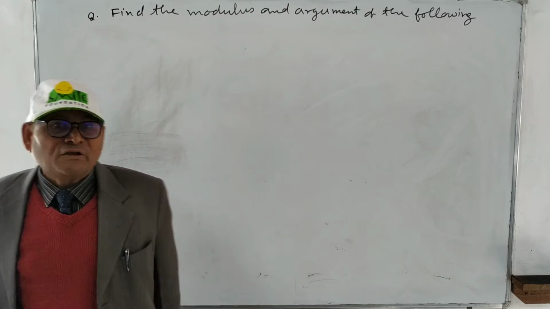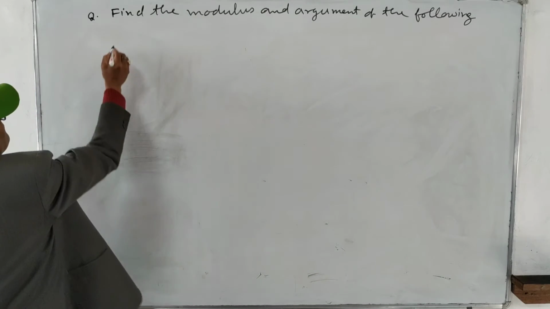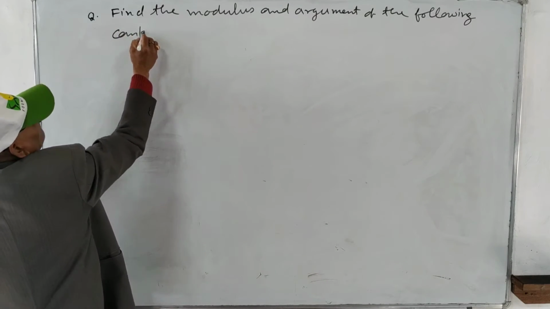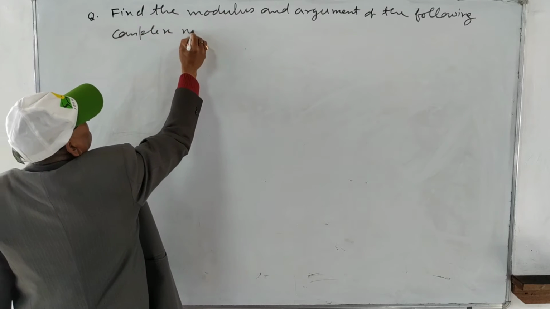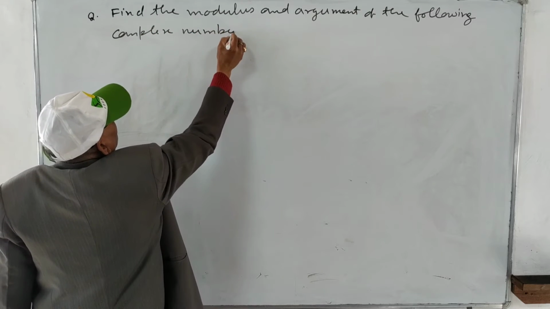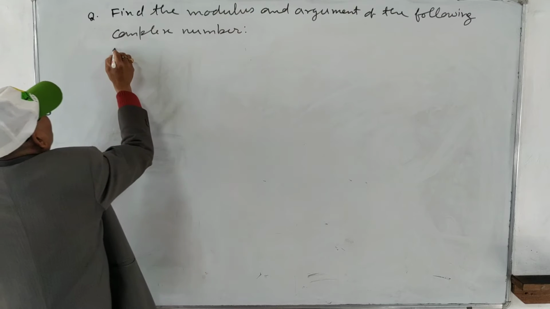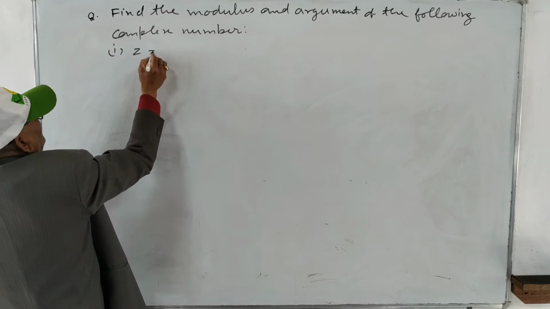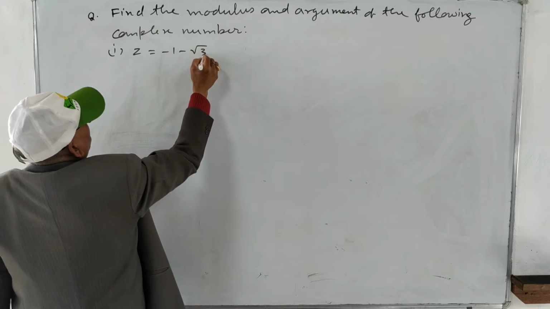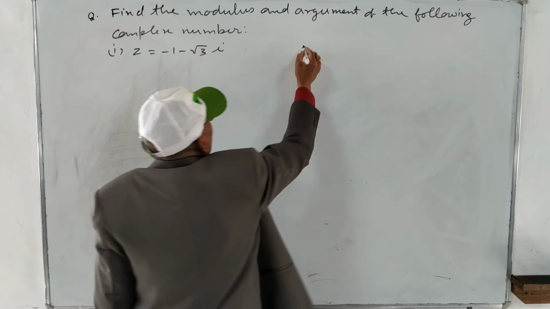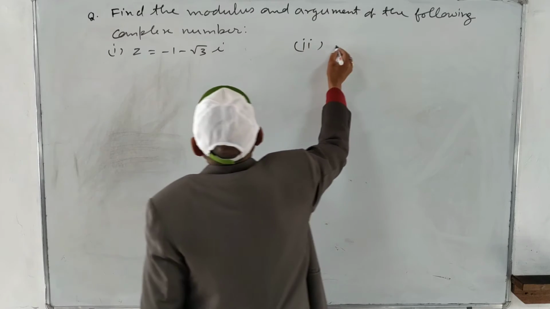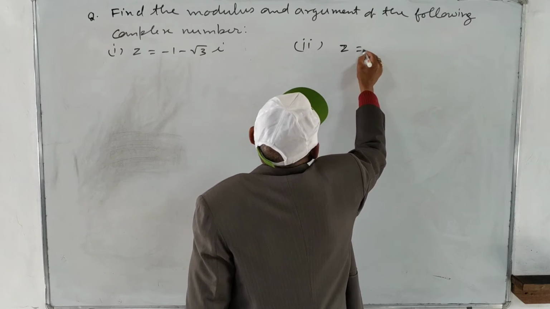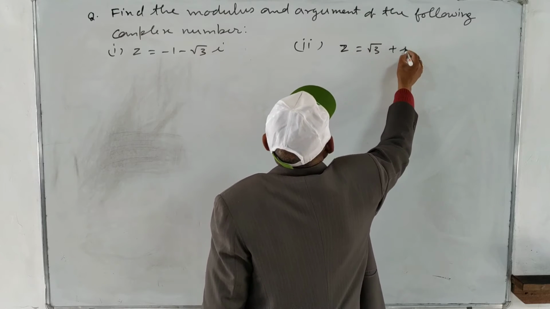Find the modulus and argument of the following complex number. First, z equal to -1 minus root 3i. Second, z equal to root 3 plus i.